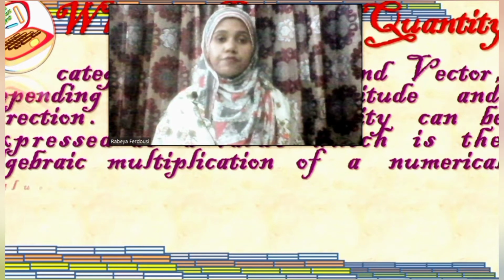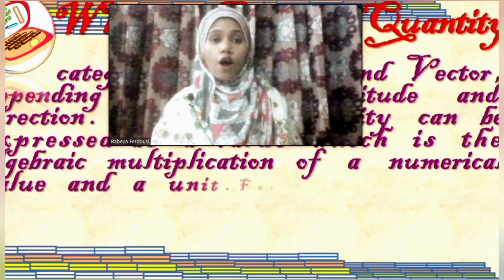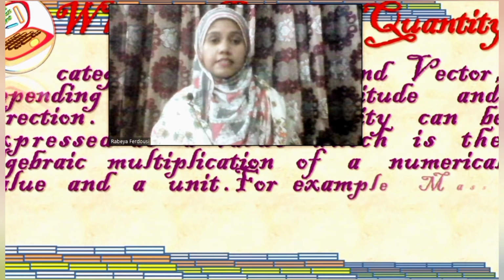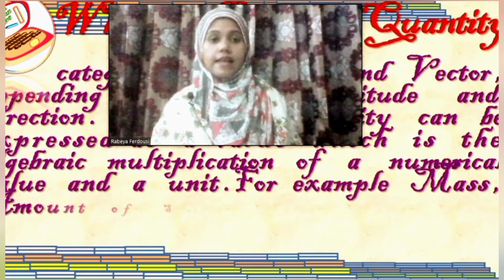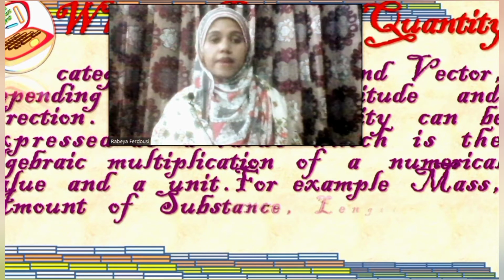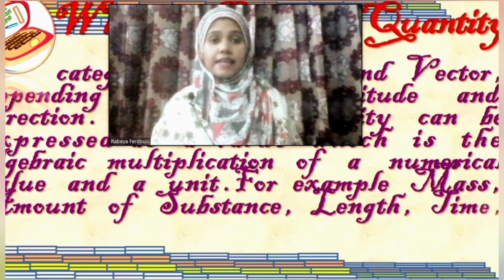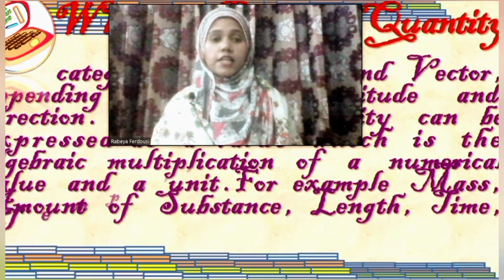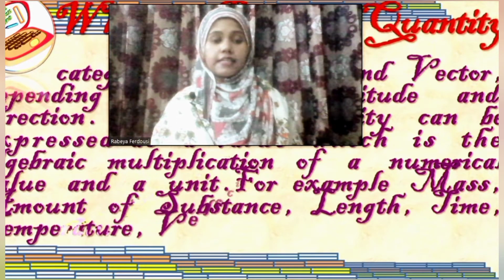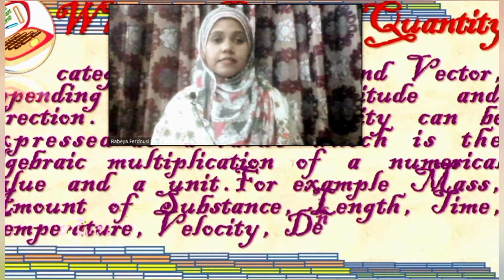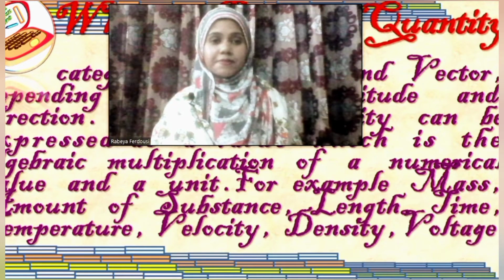So here 50 is the numerical value of my body mass and kg or kilogram is the unit. So we can say the algebraic multiplication of 50 and kg expresses my total body mass.